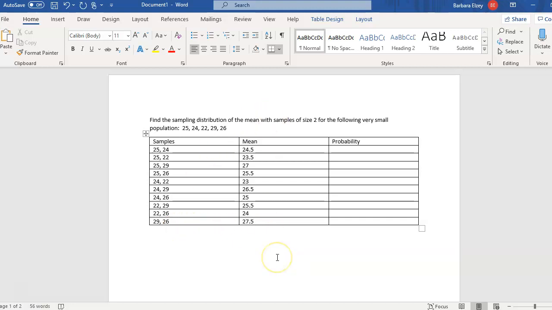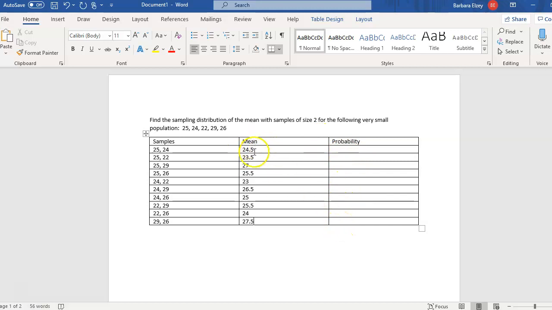Now, provided I've made no silly errors here, we should have the correct values. Now we're going to determine the probability of getting each of those. Assuming that all of these samples are equally likely, that we have the same likelihood of getting 25 together with 24 and 25 together with 22, then we can go ahead and do our probability over here.